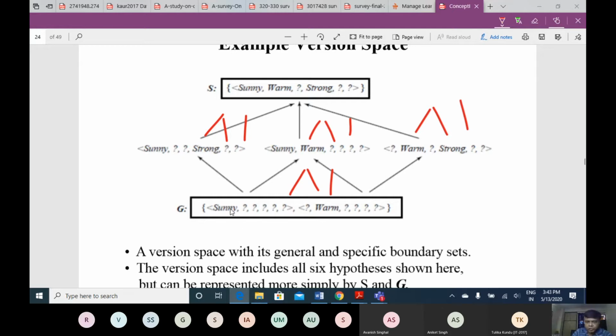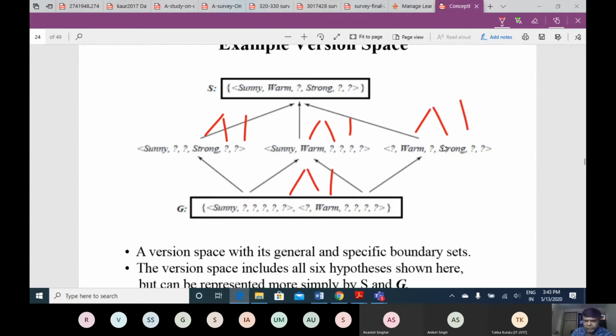It includes the most number of rows from that table, and this represents the minimum number of rows in that table out of this version space. So every hypothesis in this version space represents a subset of those rows, and the hypothesis which represents the most number of rows is the most general, and which represents the minimum number of rows is the most specific.